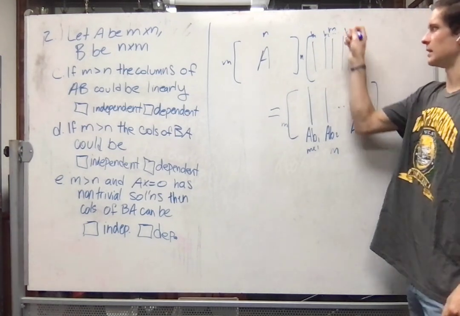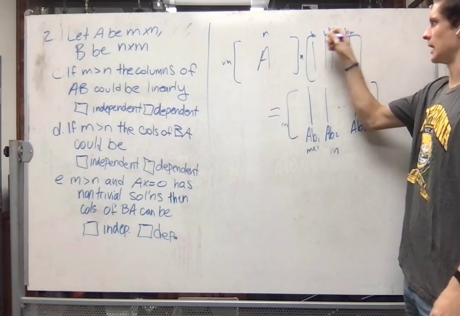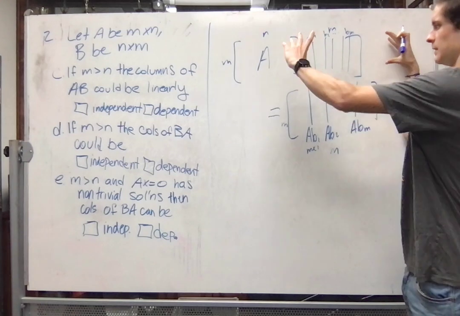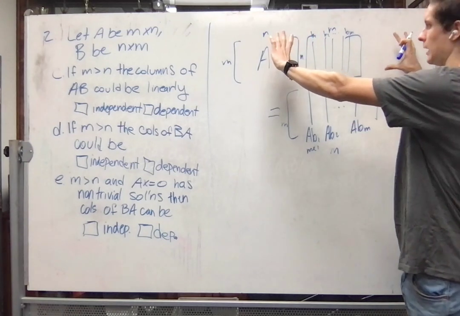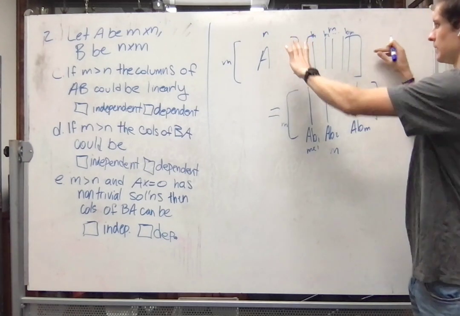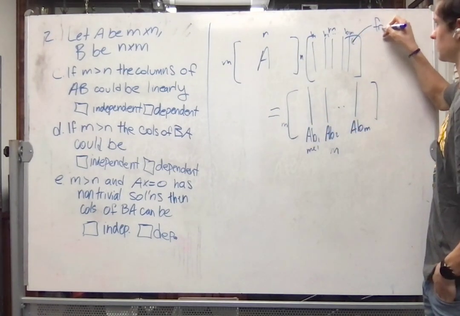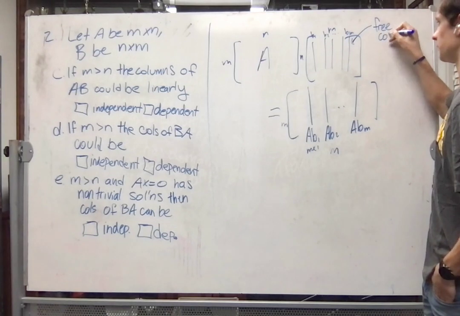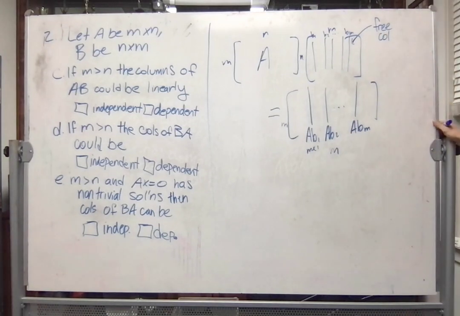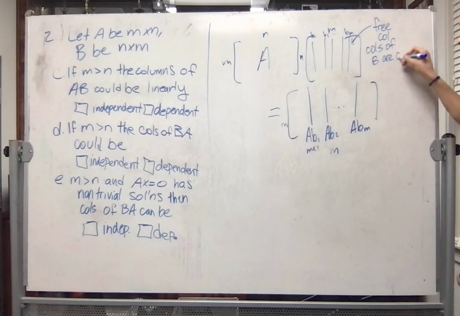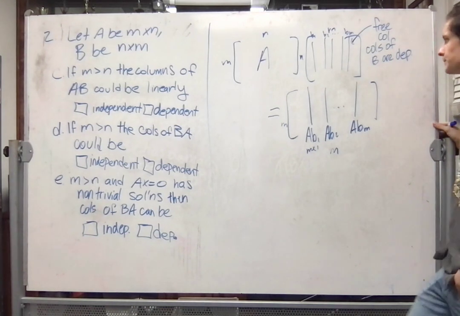That means this matrix has to be sort of short and wide, so you can't possibly have a pivot in every column. So there has to be some sort of free column in B, so the columns of B have to be dependent.